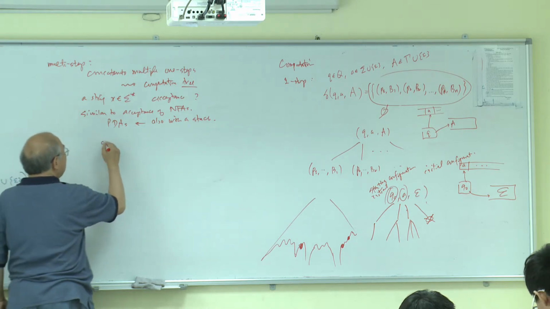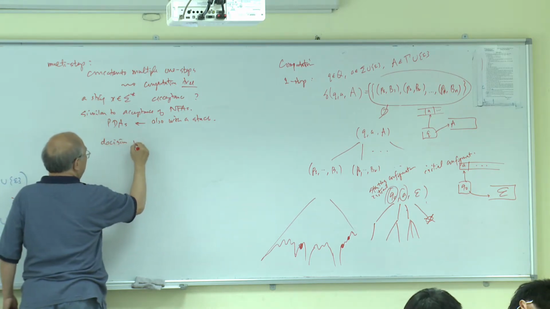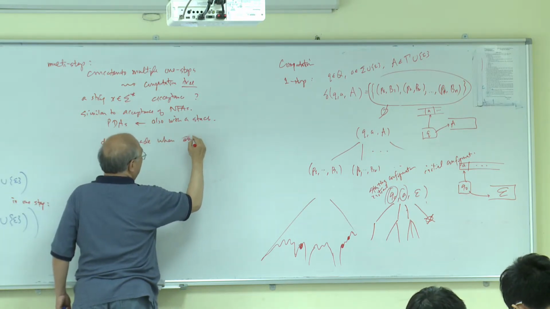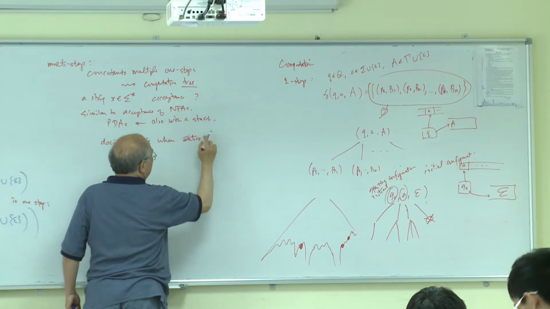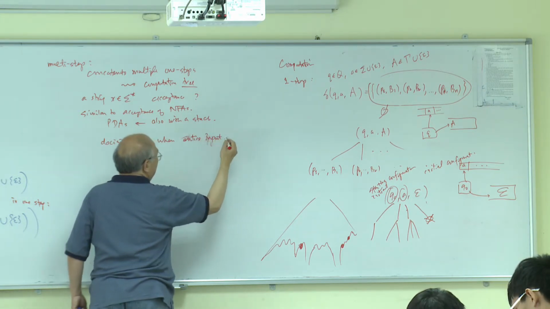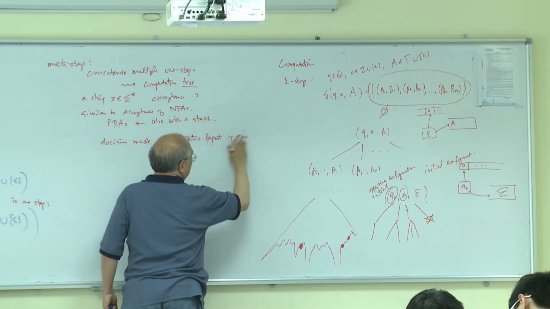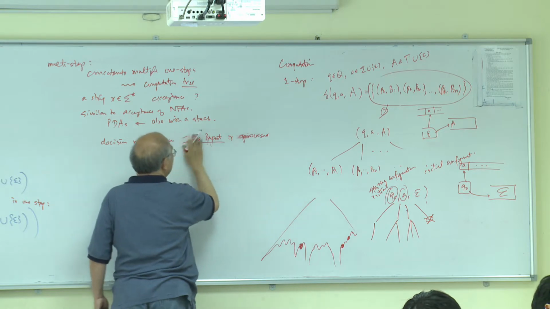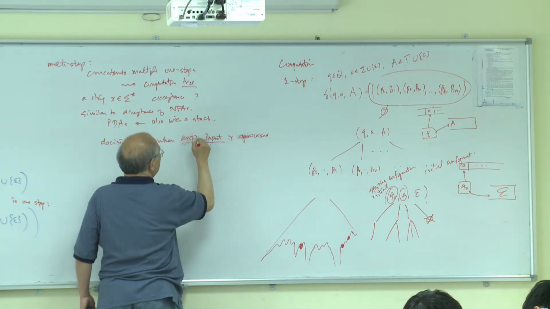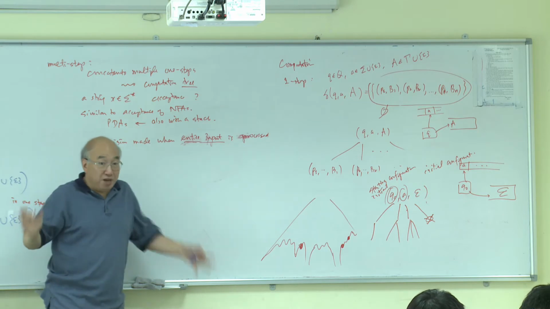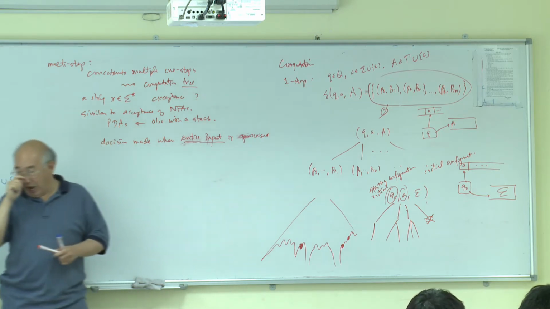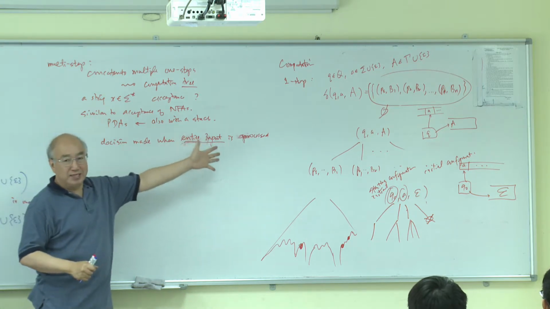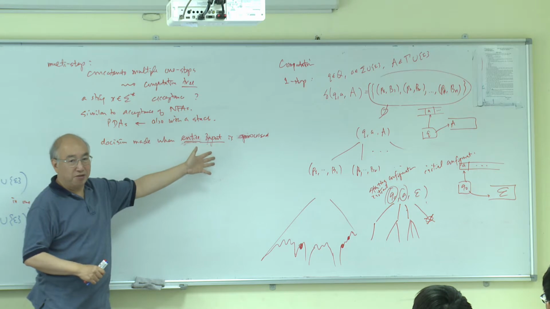One is that the decision is made when the entire input is complete, is processed. Not just partially, the entire input. And remember, we do not know how many symbols are coming, so there's no way we could say, yes, this is the end. Generally, we do not know that.